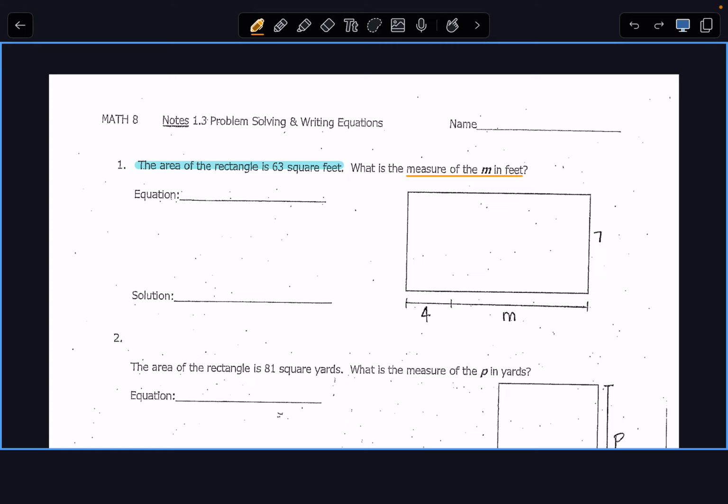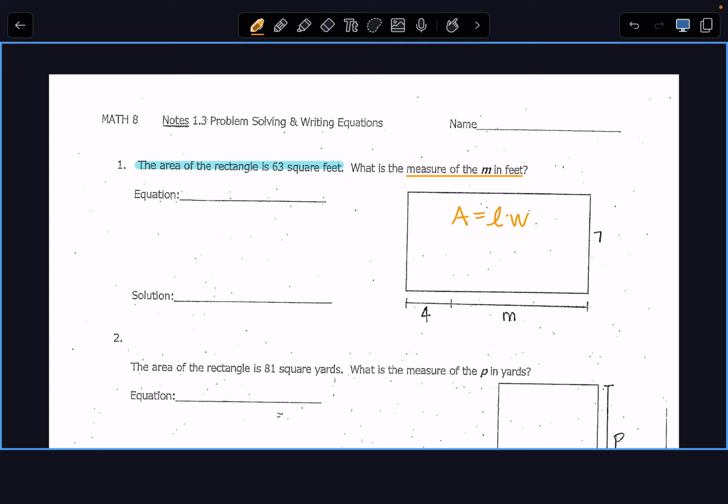So let's talk about area. How do you find the area of a rectangle? Multiply what? Okay, so we need to multiply the long side and the short side. So area equals length times width, like that.